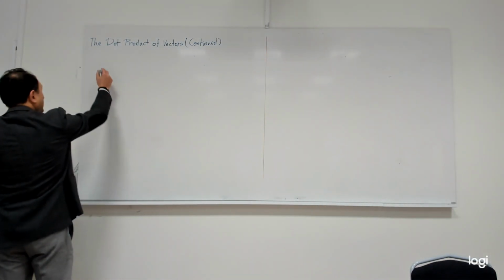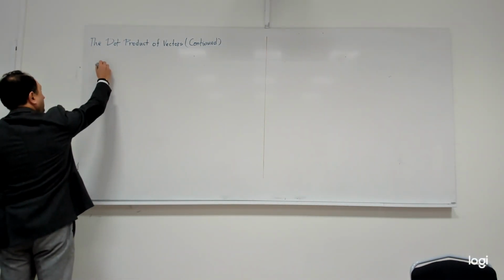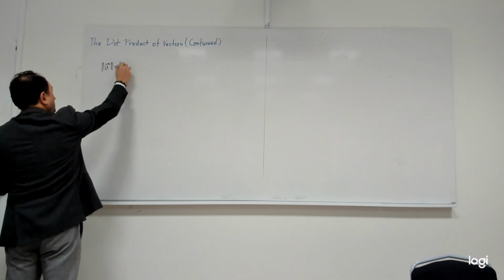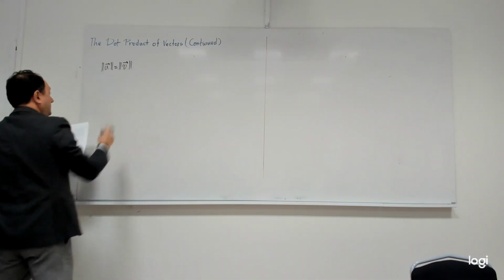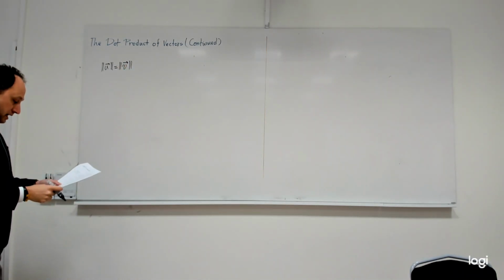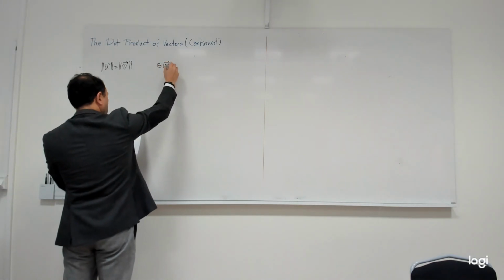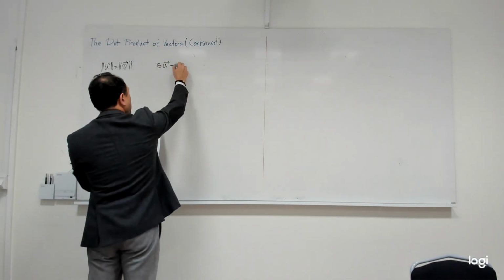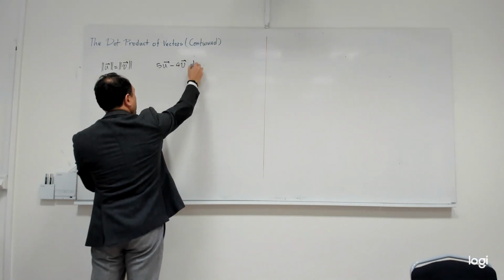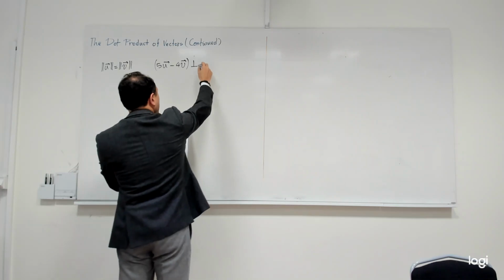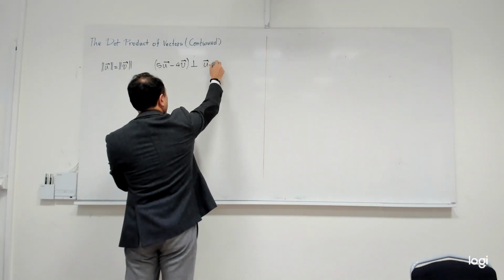We had two vectors, u and v, and I have given you that the norm of u is equal to the norm of v. This was the information given. And then we know that 5u minus 4v is perpendicular to the vector u plus 4v.